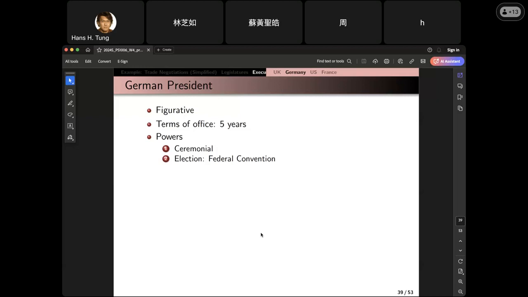He appointed someone as independent, even though that person was formerly a KMT member, but he didn't represent the KMT when he joined the government. So he was appointed as independent. So it means that the KMT didn't want to play the game with Chen Shui-bian. And now we have this very similar case again.